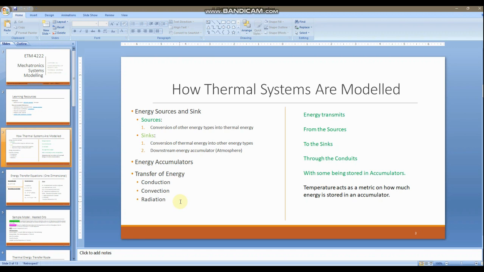So any body with a non-zero temperature would be emitting electromagnetic radiation, and it's not really visible unless that electromagnetic radiation it's emitting is in the visual range. An example for that would be the filament of a light bulb, where a certain portion of the radiation emitted from that filament would be in the visual range, and therefore you would see it.